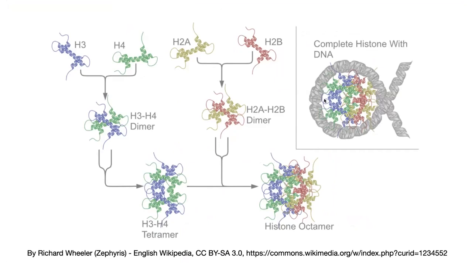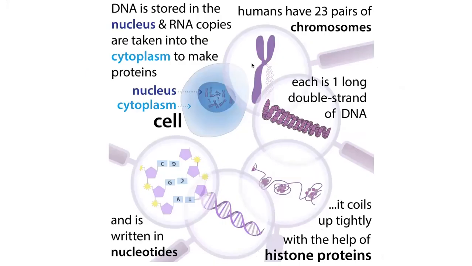The DNA is going to wrap around this octamer, and we get this sort of thing that looks like a bead, and we end up with this kind of beads on a string analogy, where we have this DNA wrapped up around these histone octamers, and all of this is going to be coiled up even tighter in the form of our chromatin, this tightly wound DNA that's going to be stored in our nucleus.